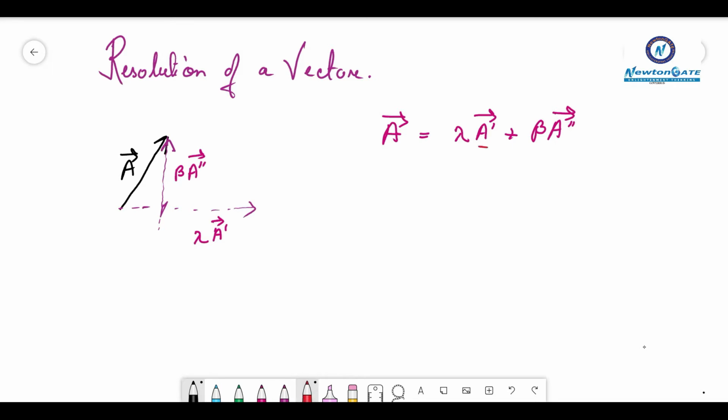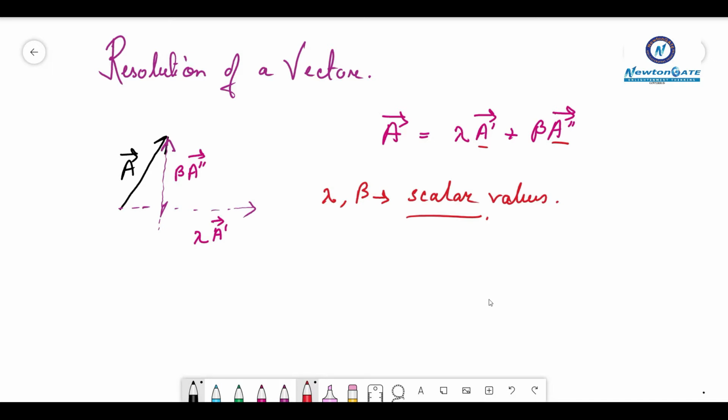A dash is a vector and A double dash is also a vector, but lambda and beta are scalar values. So to resolve a vector, we can take a vector A and resolve it into any two or more directions. Generally the resolution is done along the coordinate axes.